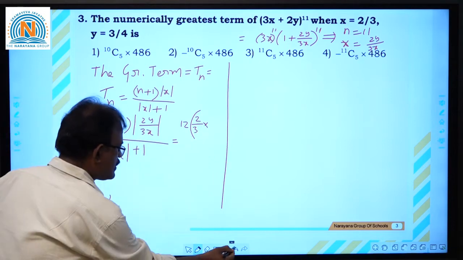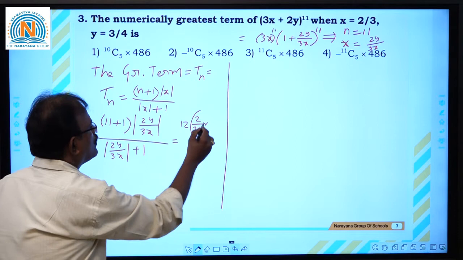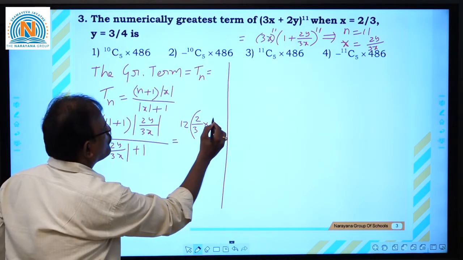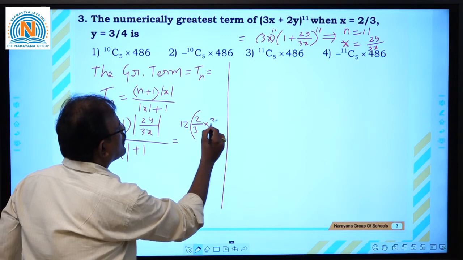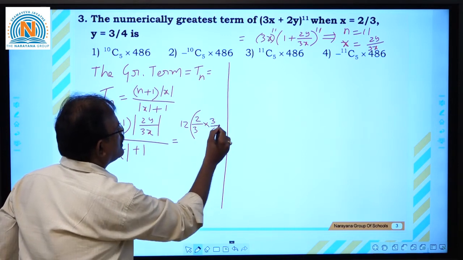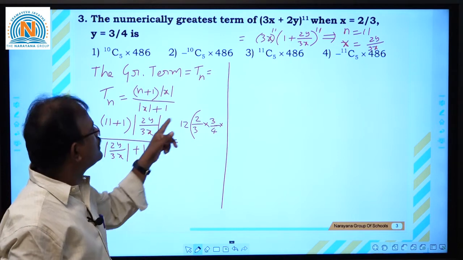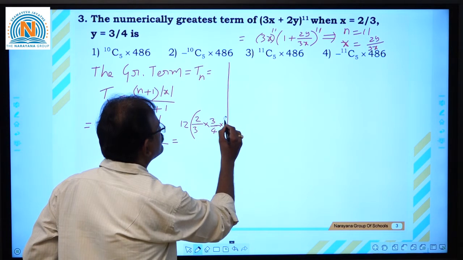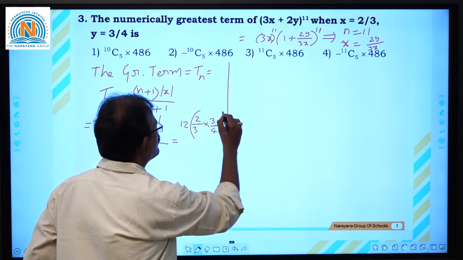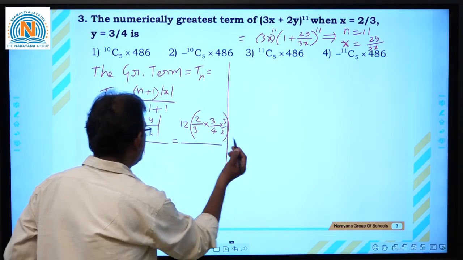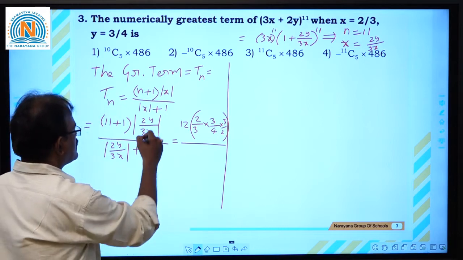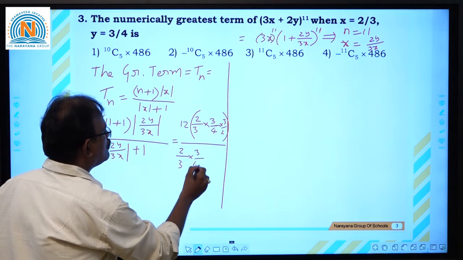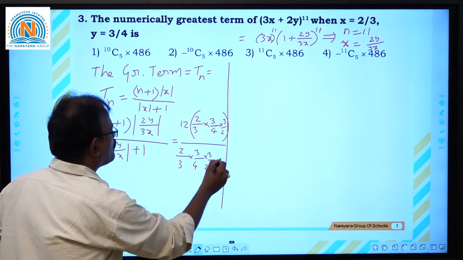Y by x means the y value is 3 by 4 into the x value is 2 by 3, 2 by 3 divided, then 3 by 2, by again 2y by 3x, same, this is 2 by 3 into 3 by 4 into 3 by 2 plus 1.